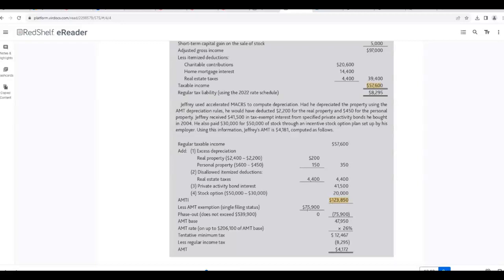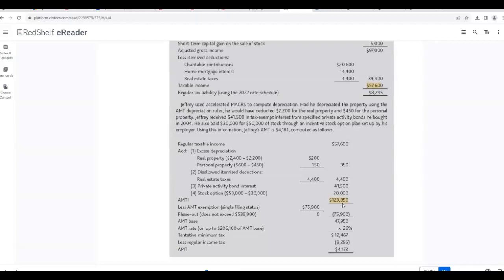Very good. The exemption is originally 75,900 for a single person for 2022. But this guy is not making that much AMTI, 123,000. How much is the phase out? 539,000.